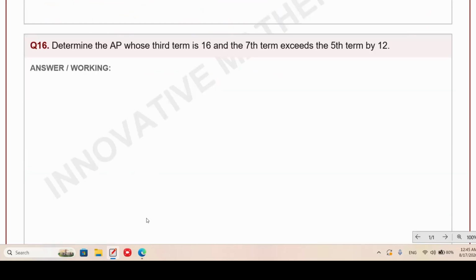Next question. Determine the AP whose third term is 16, A3 is equals to 16, and the seventh term exceeds the fifth term by 12. A3 means A plus 2D equals to 16. Correct. Now this is equation number 1. Now the seventh term exceeds the fifth term.